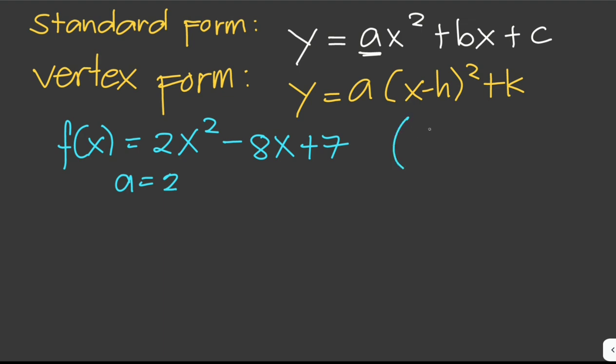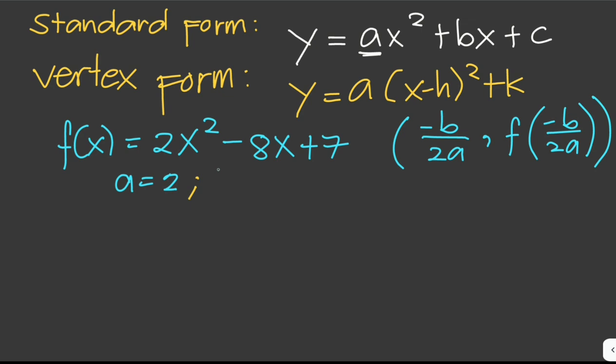We can use this formula: negative b over 2a and f of negative b over 2a. From the given equation, b is equal to negative 8. Negative b over 2a here is the x coordinate, and f of negative b over 2a is the y coordinate.